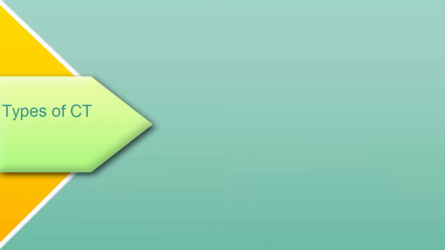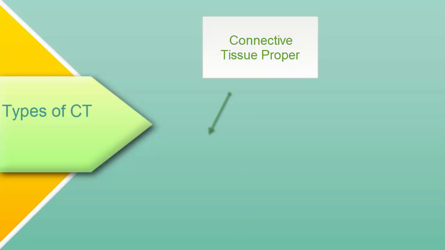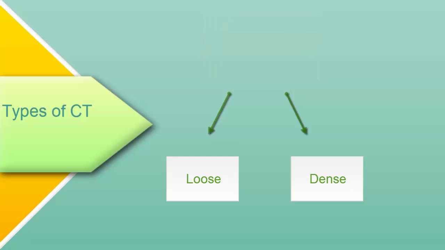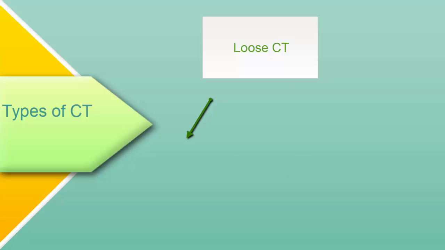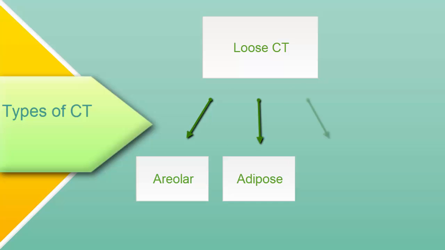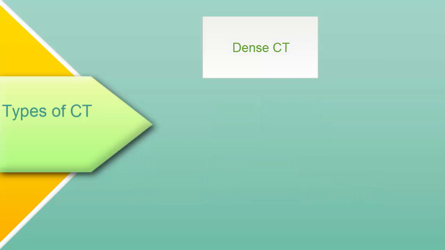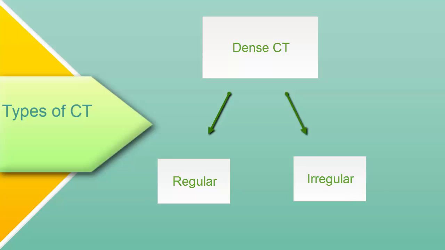Now let's look at the different types of connective tissue. With connective tissue proper, we have two types, loose and dense. There are three types of loose connective tissue: areolar, adipose, and reticular. Dense connective tissue can be further divided into dense regular and dense irregular.